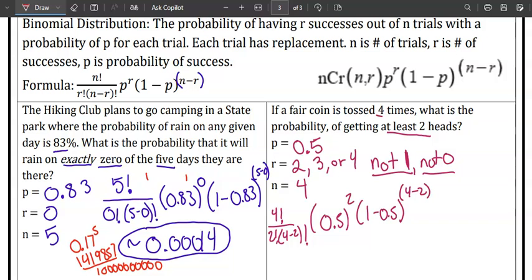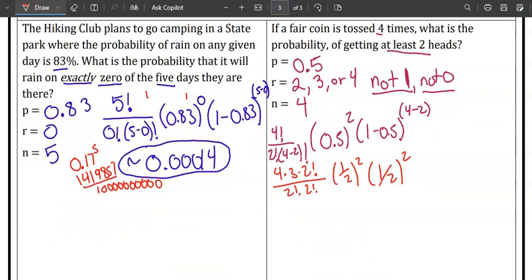Let's rewrite this. The 2 factorials cancel here. This would give you 4.